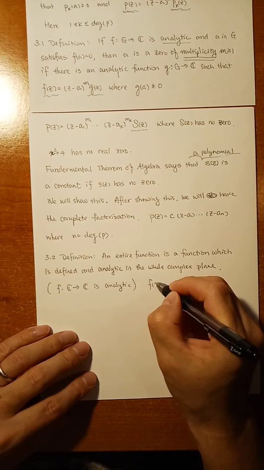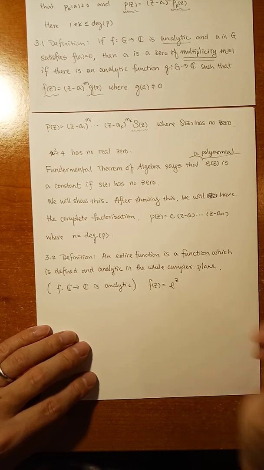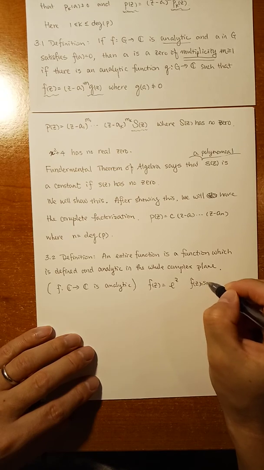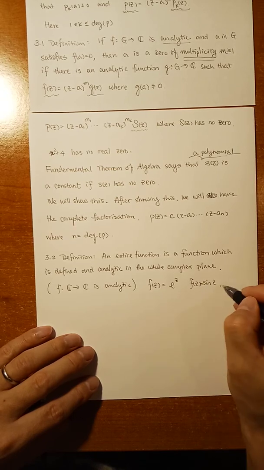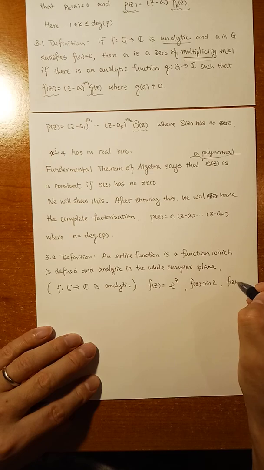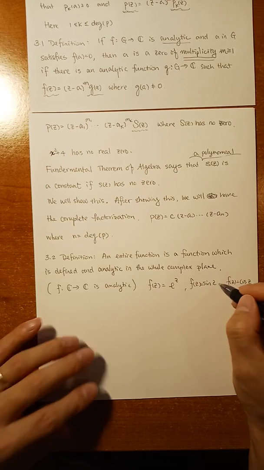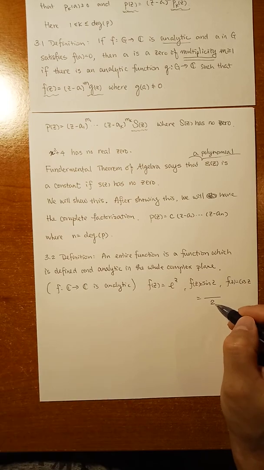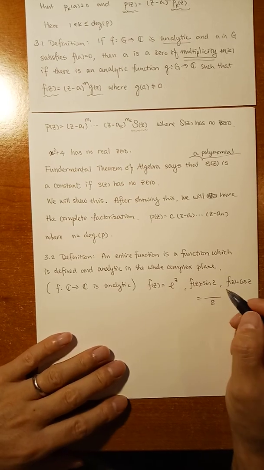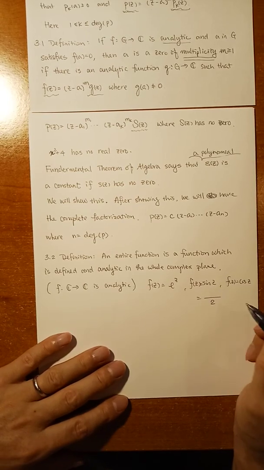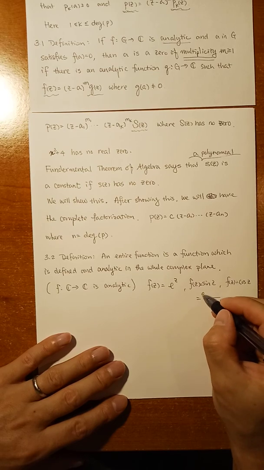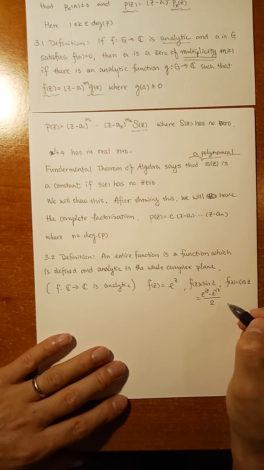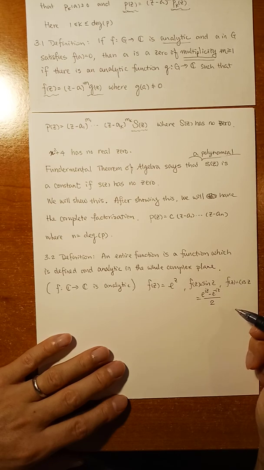The standard examples will be the exponential function, sine function, cosine function, because sine is, what is sine? I don't quite remember. e^(iz) minus e^(-iz) over 2i.